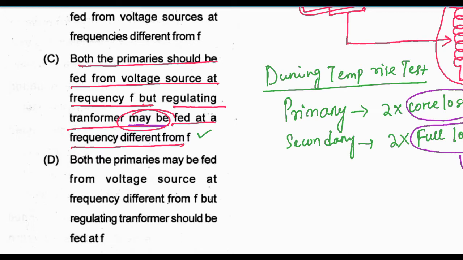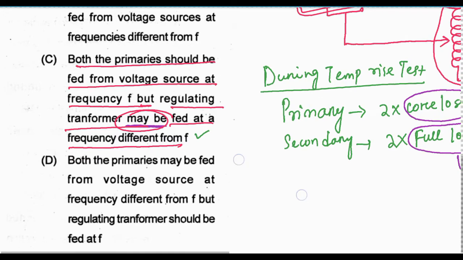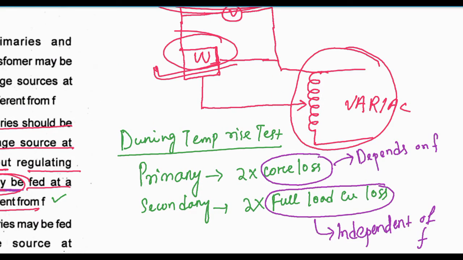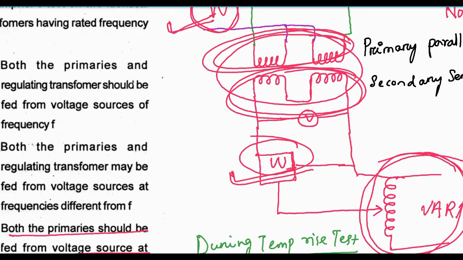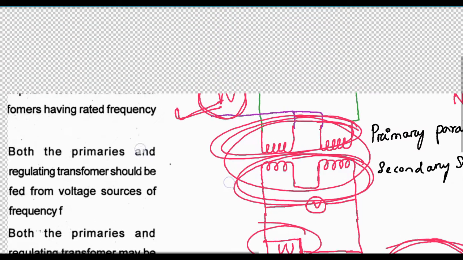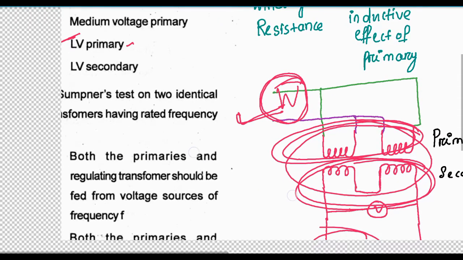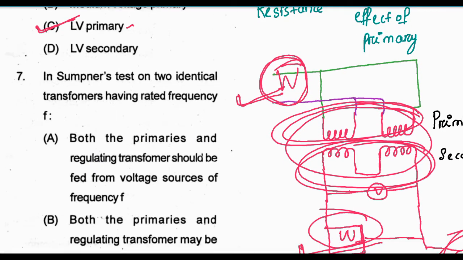So why is it given as 'may be'? Because generally in the Synchronous test this is not given from a different frequency source, it is given from the same source, same frequency. What is the aim of this test? The test is conducted to measure the temperature rise considering the rated core and copper losses.